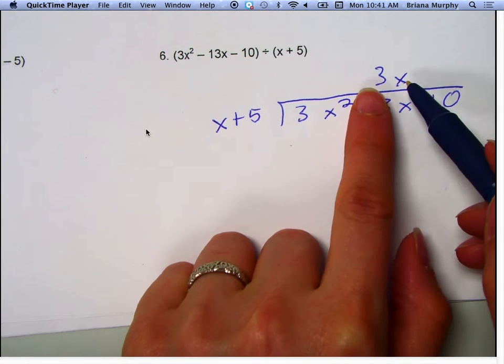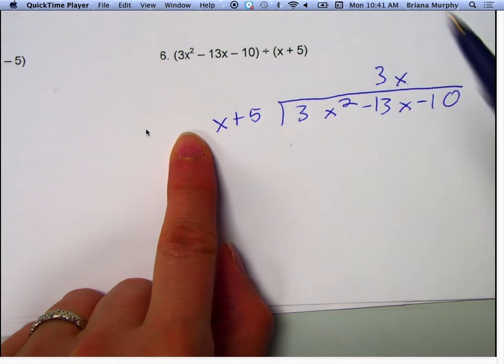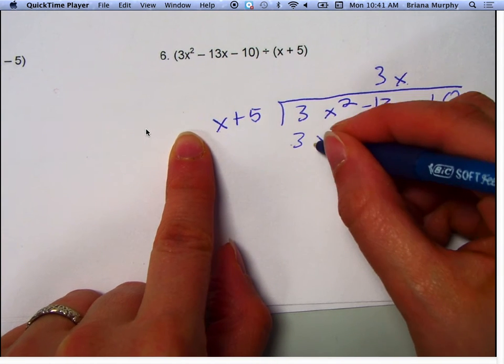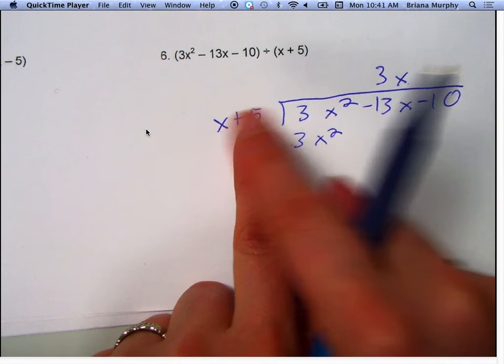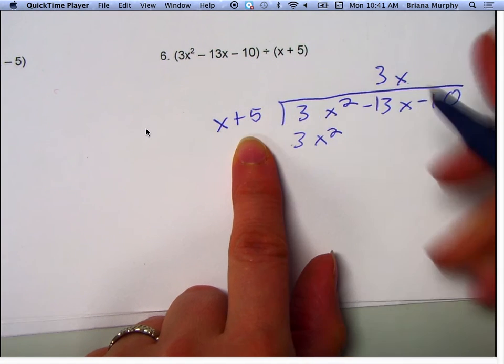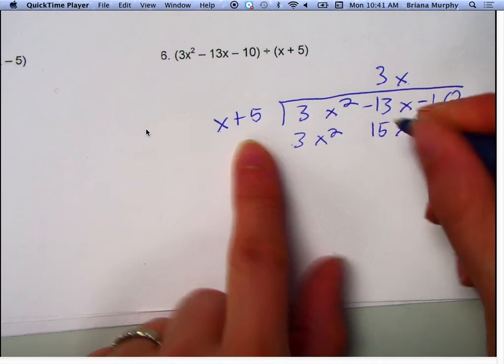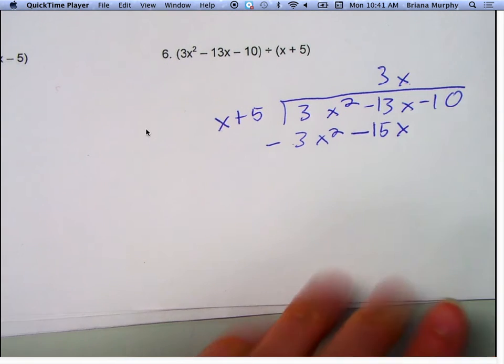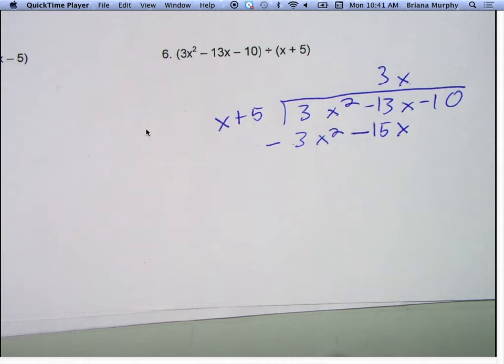3x times x is 3x squared. Now I have to do 3x times 5, which is 15x. Remember, I have to change the signs to subtract. So far, so good? That's how division works. Last time, did we add?